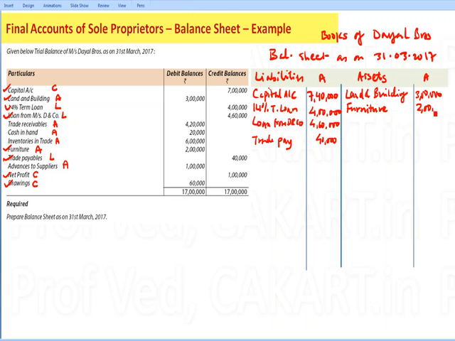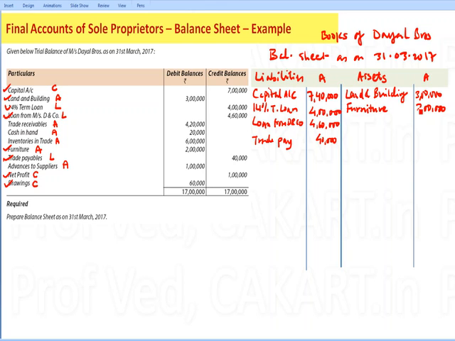Furniture is 2 lakhs. Okay, so land and building is 3 lakhs. I am surprised. What asset is available today at 3 lakhs? What land is available? What building is available at 3 lakhs, when furniture itself is 2 lakhs? Little funny example, but that's okay. So land and building and furniture is now done.